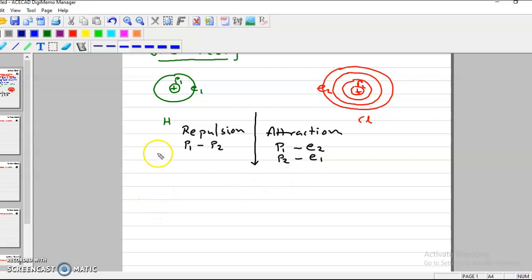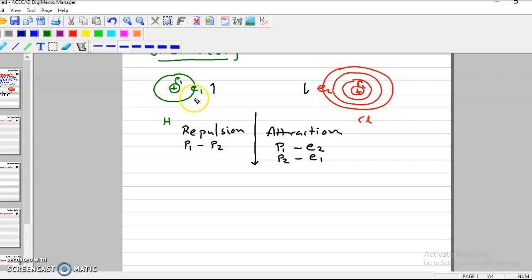Now, when hydrogen and chlorine are going to combine to form a covalent bond, the very first condition is that they should have unpaired electrons with opposite spin. This is the first condition. That means E1 and E2 should have opposite spin rotation.